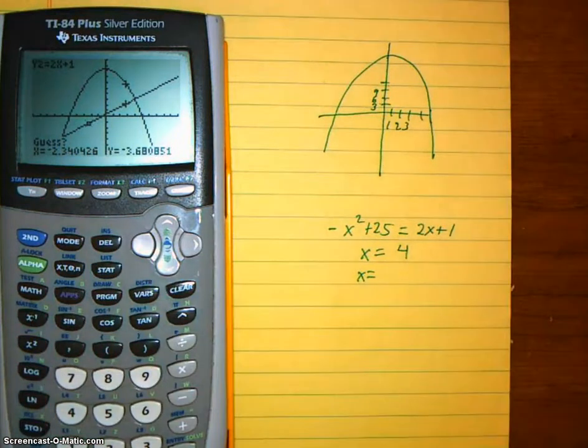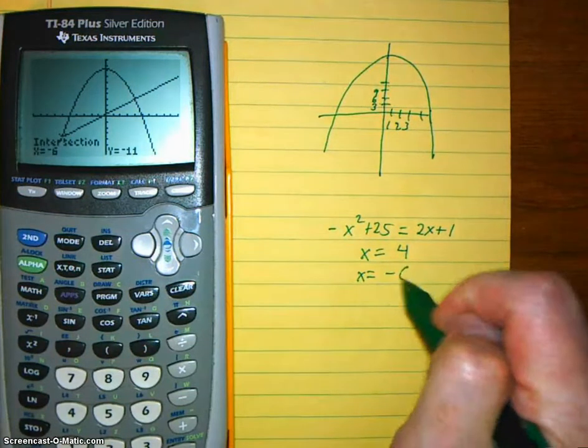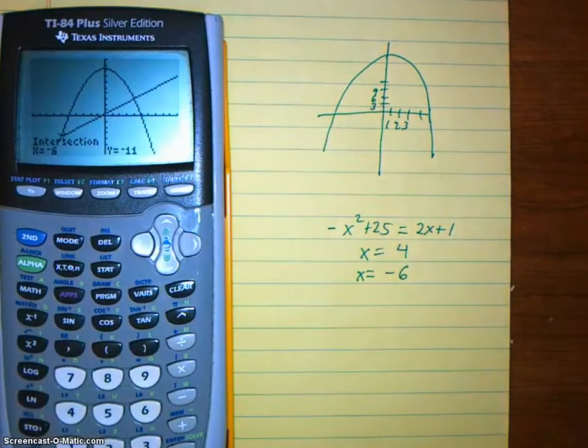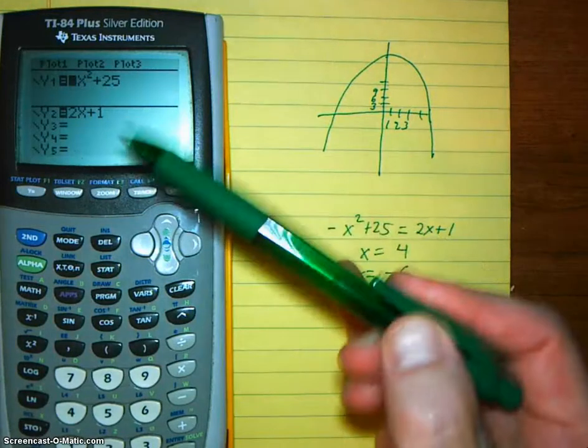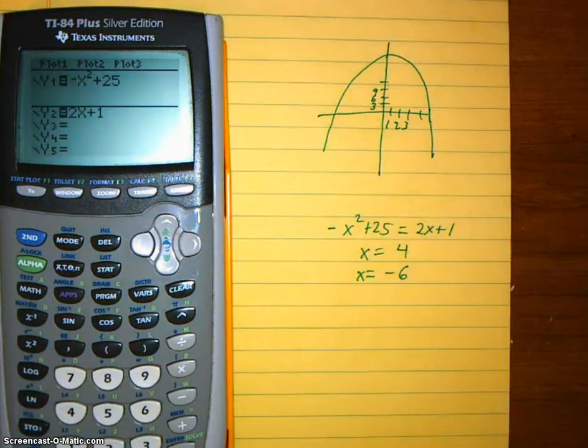Got to get close. You don't have to get that close usually. It tells us the other answer is -6. Okay, you might be wondering, why does it ask, is that the first equation, is that the second equation? Because you might have more than 2 typed in. You might have 3 or 4 typed in, and it needs to know which 2 you're trying to work with.